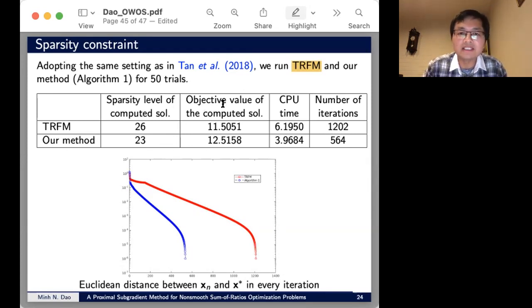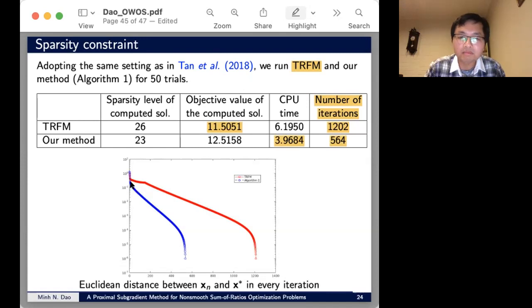We can see that our method is competitive in terms of objective value. Note that we want to maximize the objective function, not minimize. And we also have a shorter CPU time and fewer iterations.